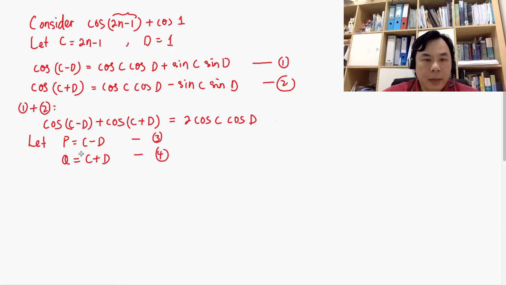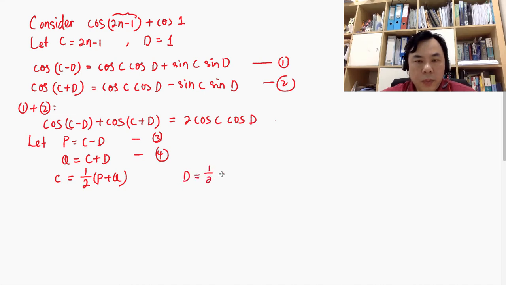By solving this, you will find out that c itself is basically half of P plus Q, whereas d itself is half of P minus Q. So this is what we have at this point of time.